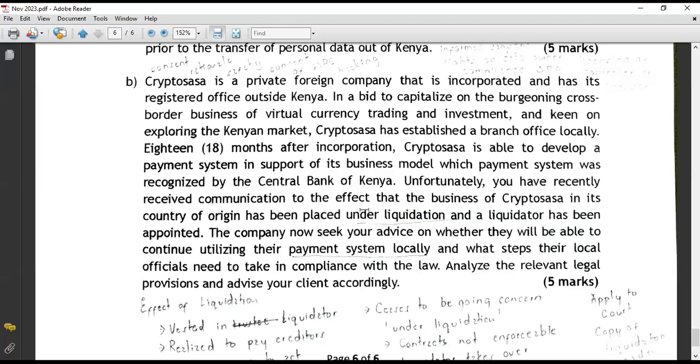The problem has to do with whether or not the branch in the country can still carry out operations despite the parent company being under liquidation in the foreign country. So what do you think? Now answer the question.